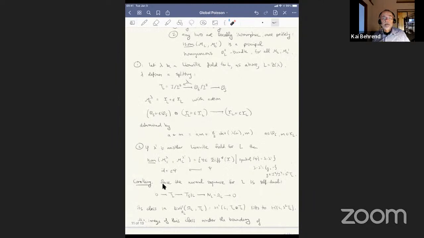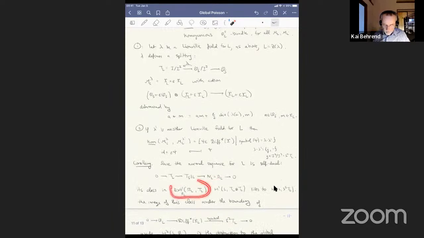And so the normal sequence for L is self-dual. So if I think of it as an extension, it defines a class in H1. It actually defines a class in H1 of the second symmetric power of TL.